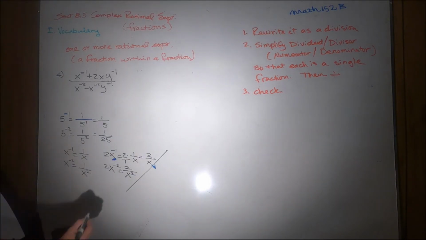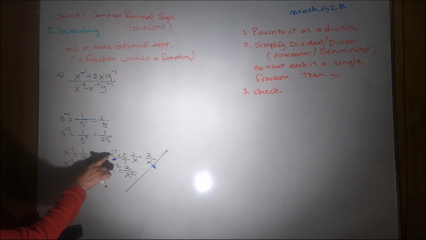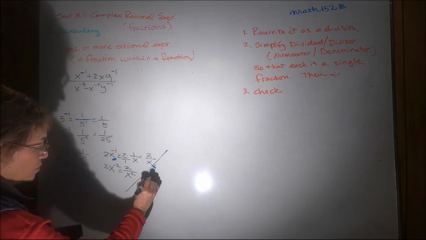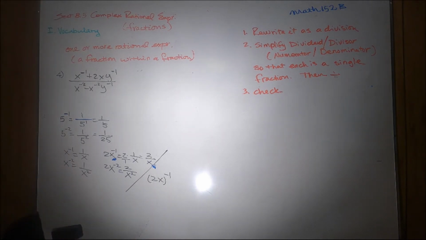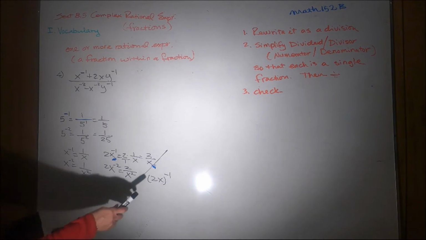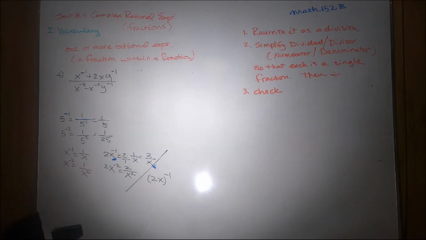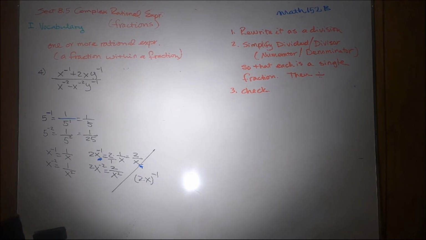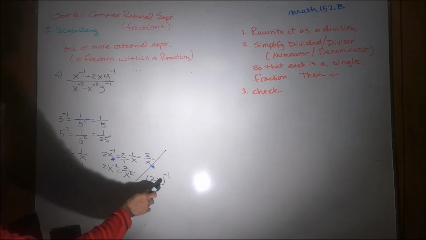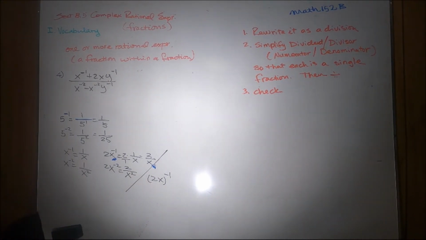Okay? So if we have, say, instead of 2x to the negative 1, we have (2x) to the negative 1 whole thing, take the reciprocal. So what do you think you should do? So for the negative 1 power, it applies to its base, which is 2x.